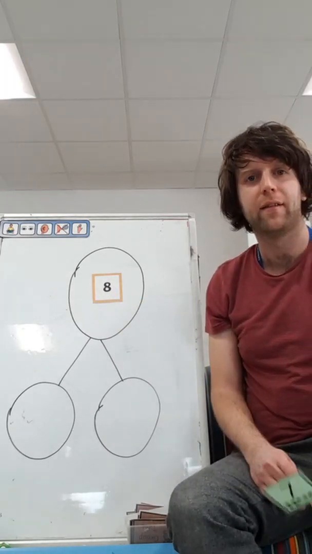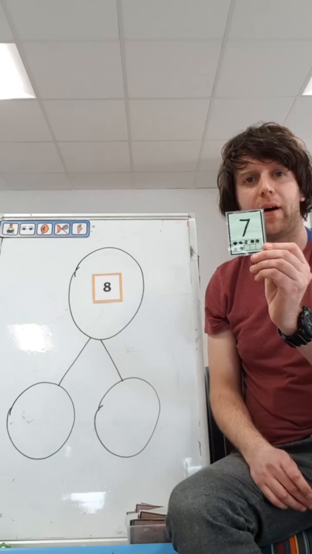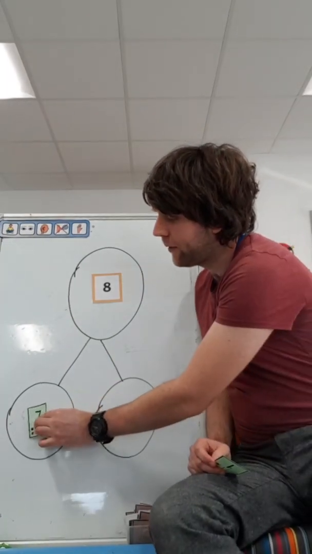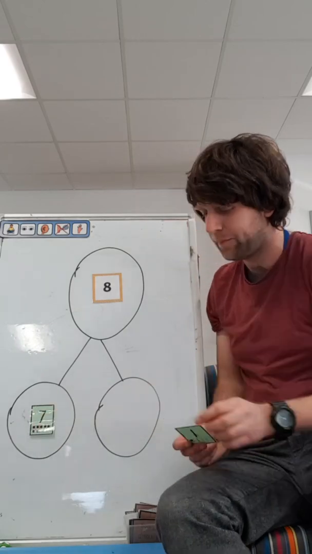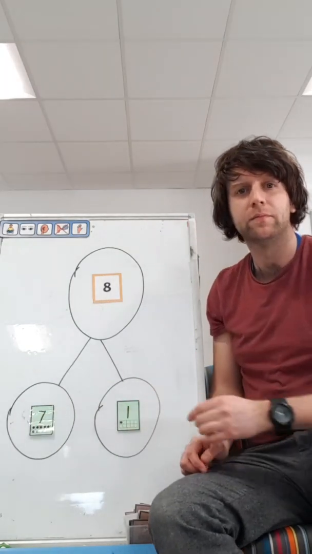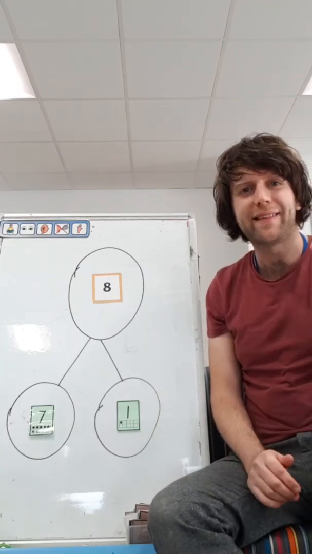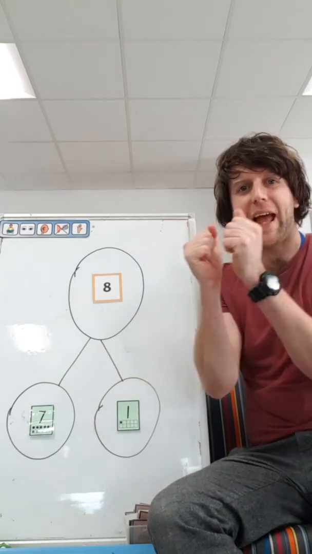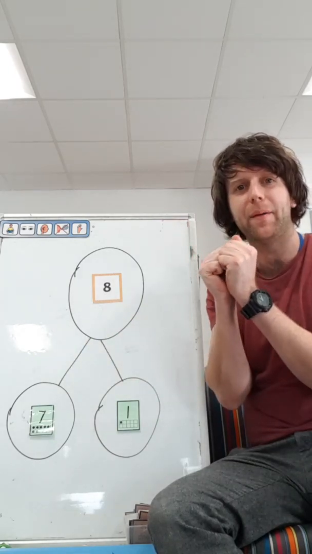That's right. So we had 7 was the part and 1 was the part. So we'll put the 7 in the part down here and 1 is the part down here. We can say 7's the part, 1's the part, and 8 is the whole amount.